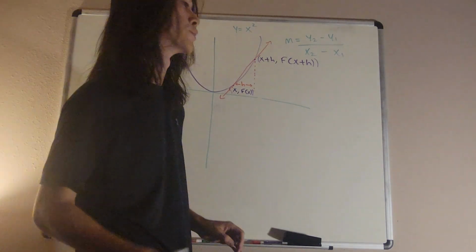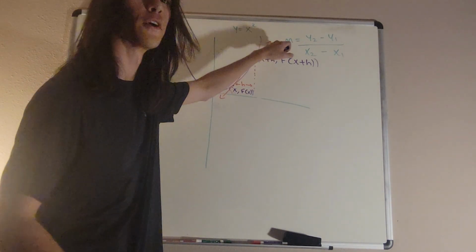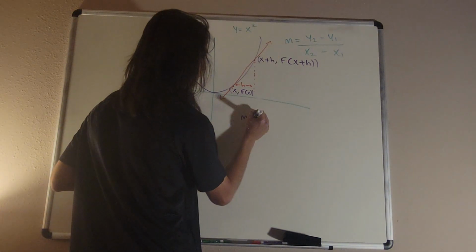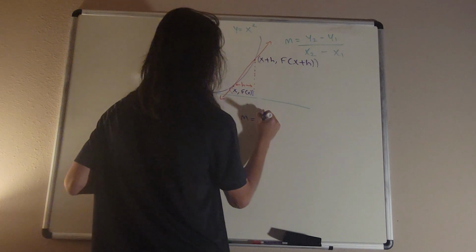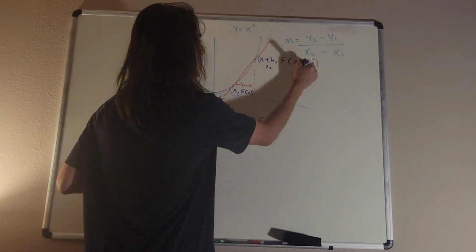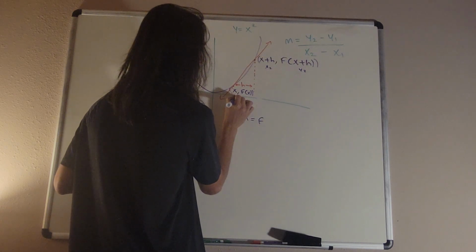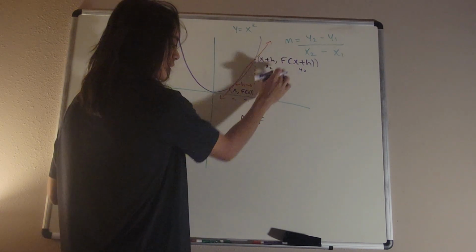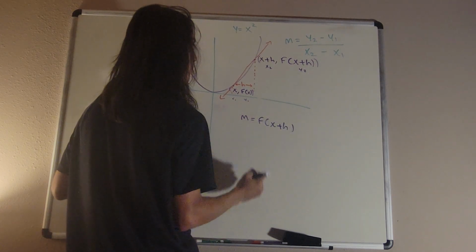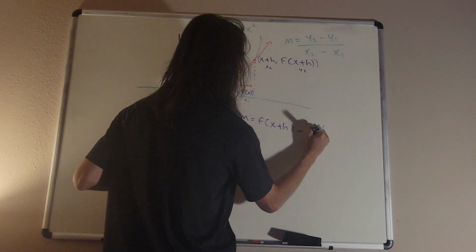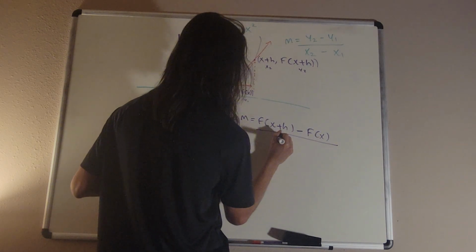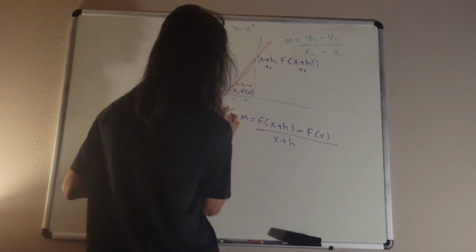So now what we're going to do is use our good friend from algebra, the slope formula. I'm going to say m is equal to f, and keep in mind this is still x sub 2, y sub 2. This is x sub 1, y sub 1. We're going to take this guy, f of x plus h, minus f of x, over x plus h minus x.